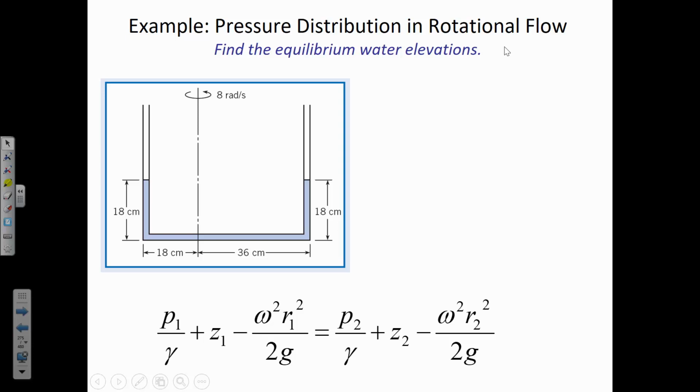But if we speak even more broadly, pick locations where you know things, right? And we know that the pressure at the interface of, it's an open gas, because both of these are open to the atmosphere. It's air and air. So we know that P1 is 0 and P2 is 0.